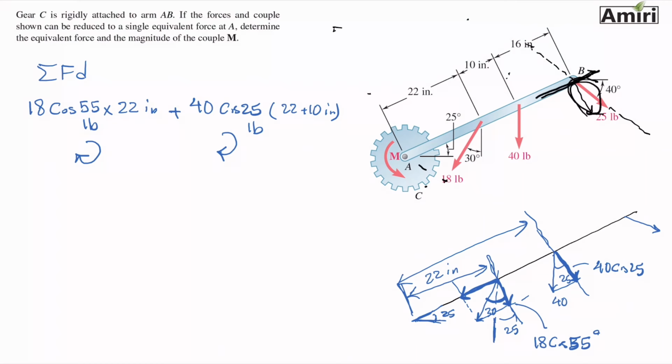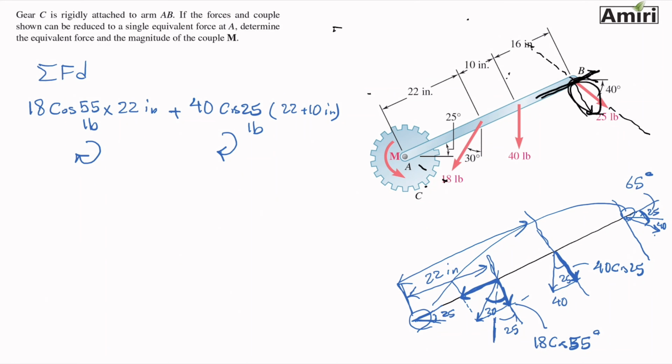Okay, and the last one is right here. This angle here is 40. This is 25, same as this angle. So that's 65. This whole thing is 65 degrees.